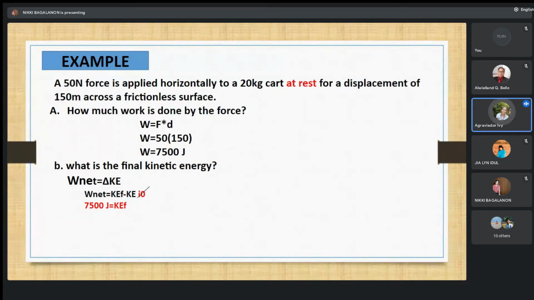Work equals force times distance, so work equals 7,500 joules, which is the final kinetic energy. The work done is the change in kinetic energy, final minus initial. The initial kinetic energy is zero because the cart starts at rest, so the work equals the final kinetic energy.